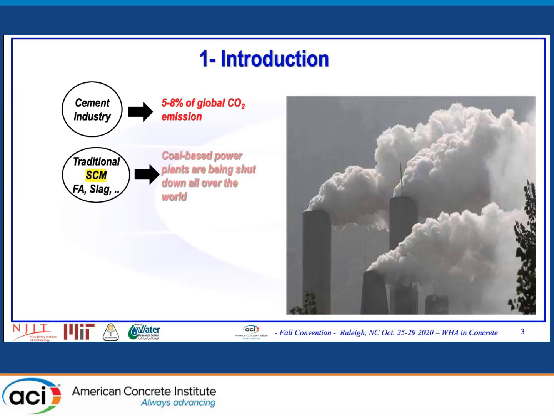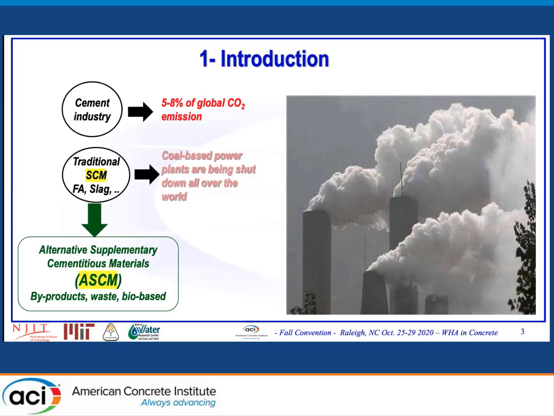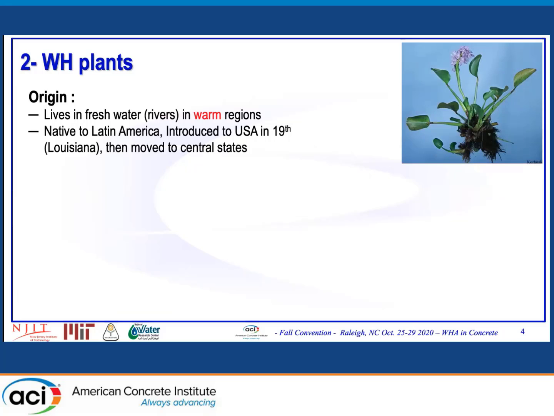But actually, they are facing a problem using these traditional SCMs, as most of the coal-based power plants are being shut down all over the world. So they try to think about alternative SCMs. And basically, these are based on byproducts and waste and bio-based sources. So today, one of these potential alternatives is Water-Hyacinth.